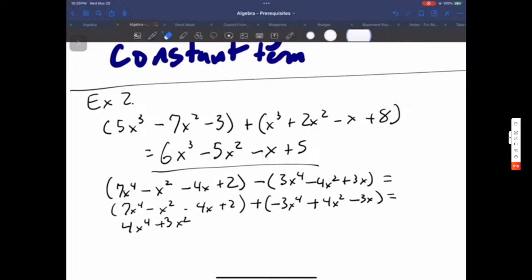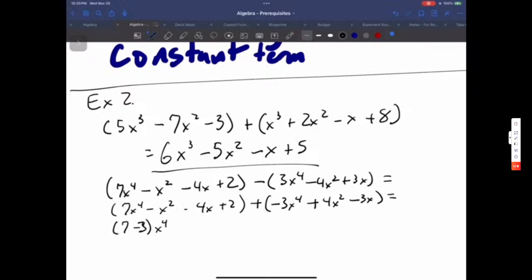Actually, I'm going to show you how they're grouping this. They're not doing it in the head. They're doing this step first, and they're saying, let's group the terms. Essentially what I'm saying out loud, they're doing on paper here. So they put 7 and minus 3, and then they've grouped those terms by factoring out the x to the 4.